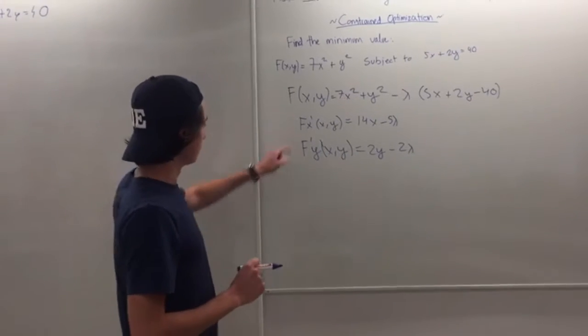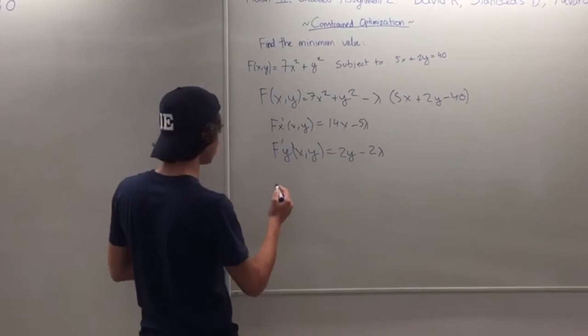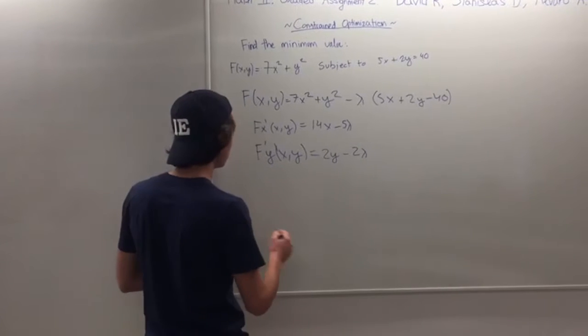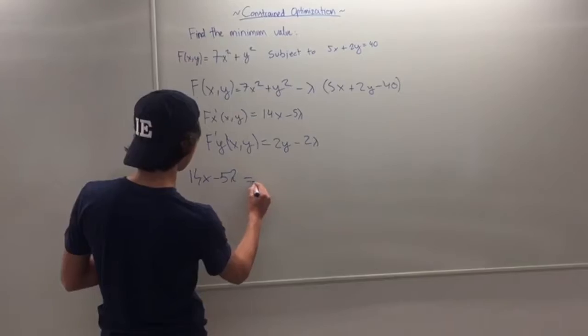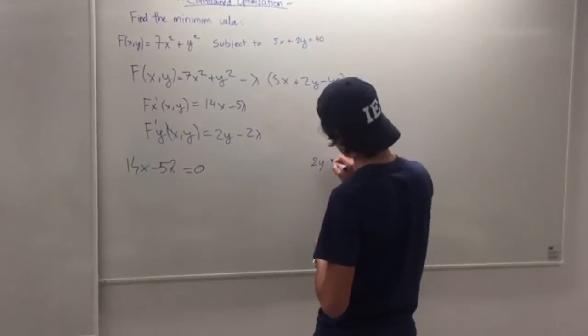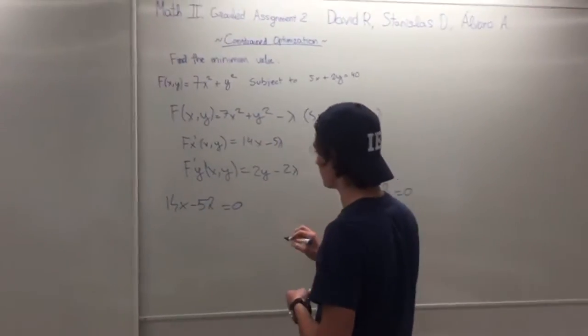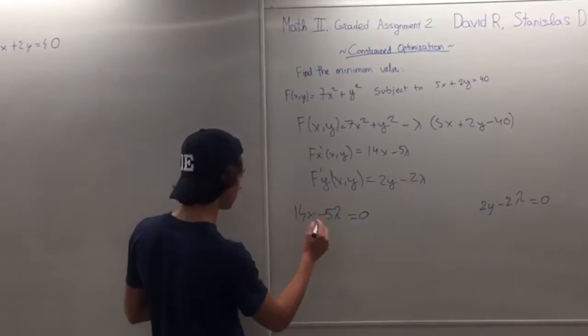So now we need to set our two partial derivatives equal to 0. So we'll have for x: 2x minus 5 lambda equals 0, and for y: 2y minus 2 lambda equals 0.